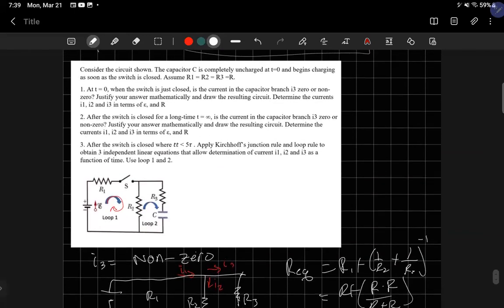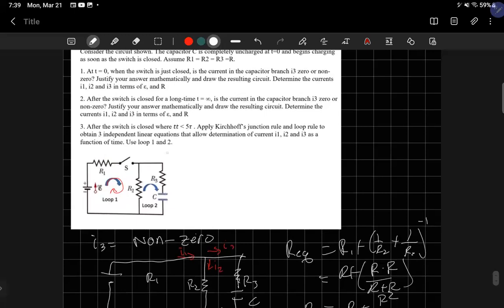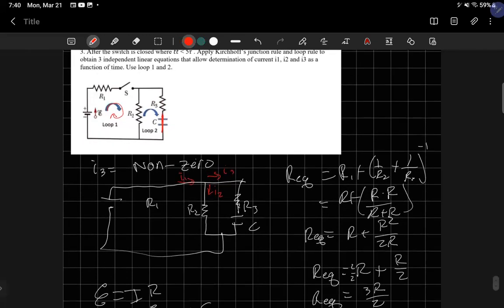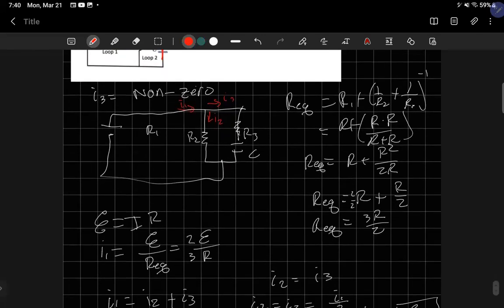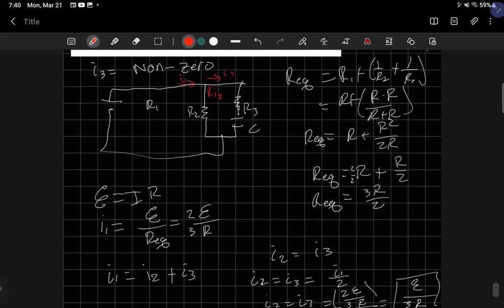So the biggest trick is understanding that at time 0, the C is basically going to turn into a wire. So we have basically no capacitor at time 0, and we just have a bunch of resistors and a battery. I know that for Ohm's law, this battery is going to be equivalent to that first I, I1, times the equivalent resistance.